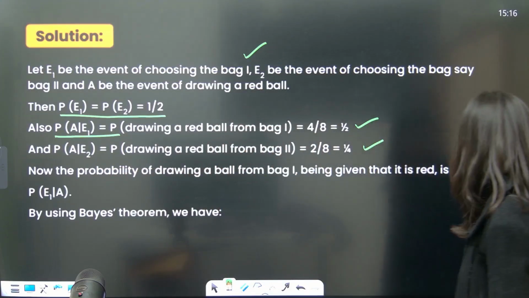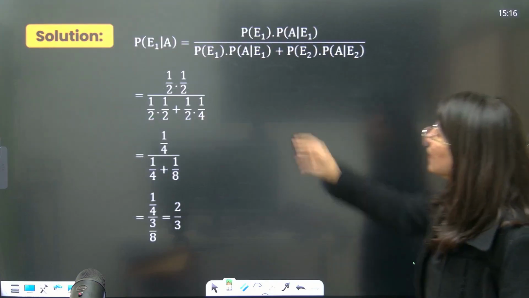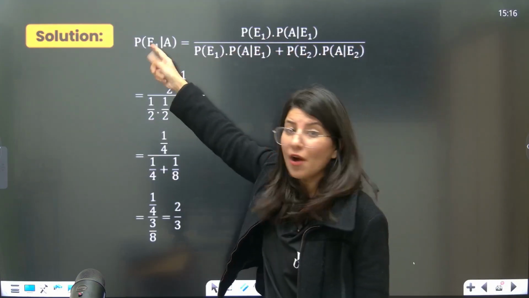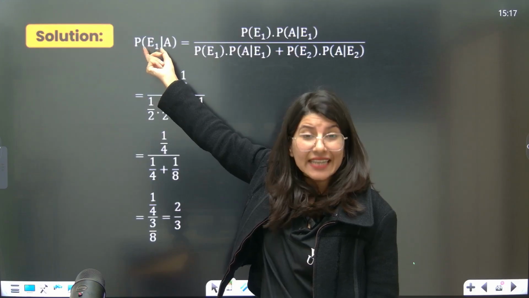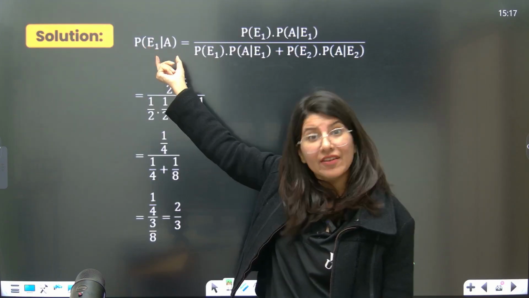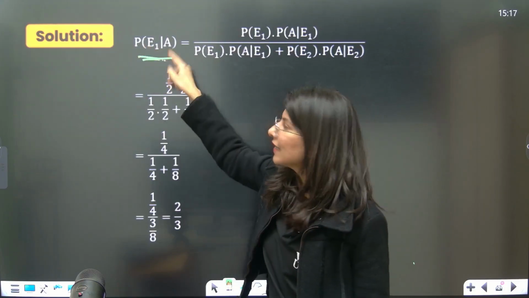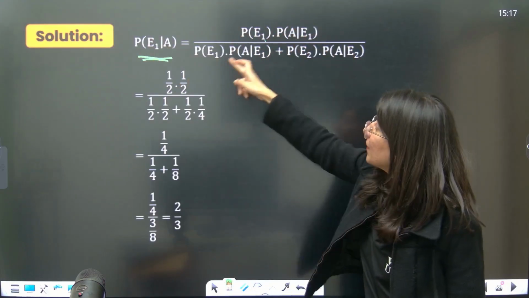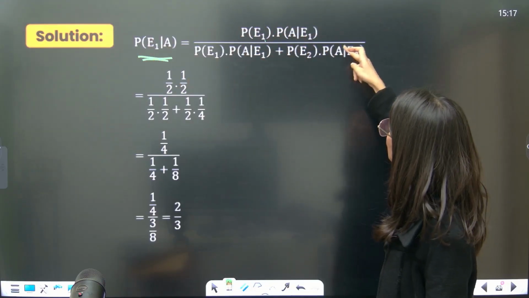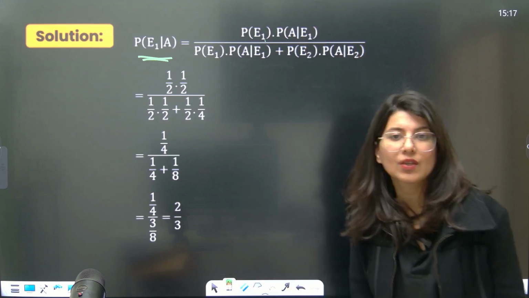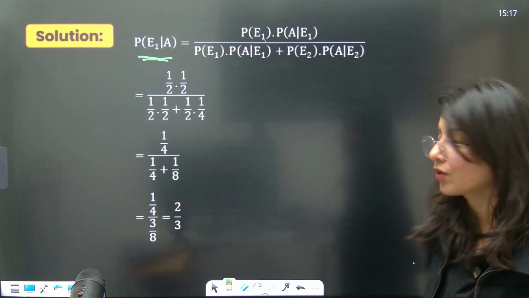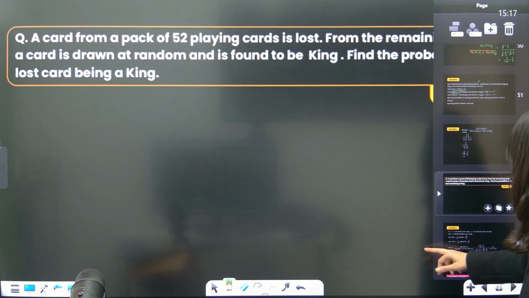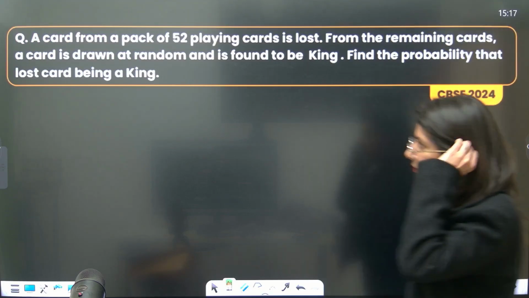And Bayes' theorem says that in the denominator, what do you want? The probability of selecting bag 1 given that the ball is red. It is already given, right? It is nothing but probability of E1 times probability of A given E1, plus probability of E2 times probability of A given E2. Same thing you have to perform. This is what your Bayes theorem looks like. Okay. All right. Clear?